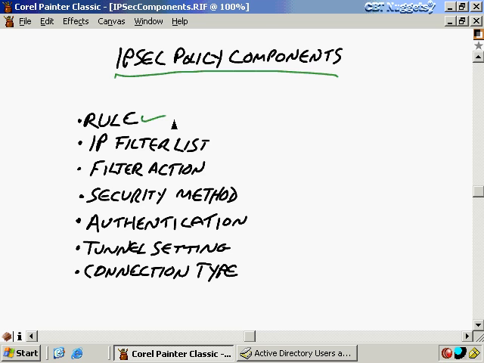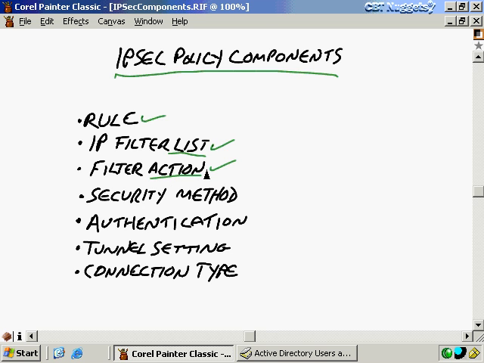First of all, you have to have IPsec rules. Now, a rule consists of an IP filter list and a corresponding IP filter action. So really, these are all the same thing. They're all just wrapped up within one another. A rule consists of a filter list and a filter action. The filter list might identify something, for example, like a destination IP address that says anytime I get an IP address that's trying to communicate with me at 10.10.10.5, I want to trigger this filter action, which could be to deny traffic, for example.